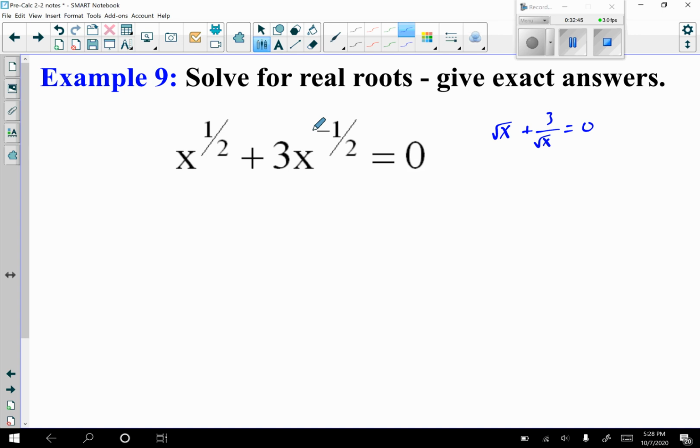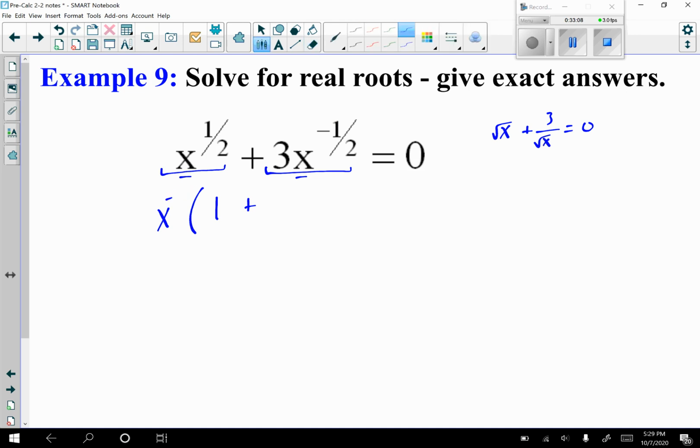So this one has two terms, remember. Well, look what they have in common. They both have an x. We can factor this. Factor out x to the 1/2? What's the rule? Don't take out x to the 1/2.